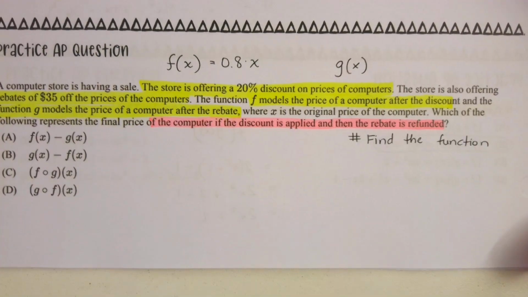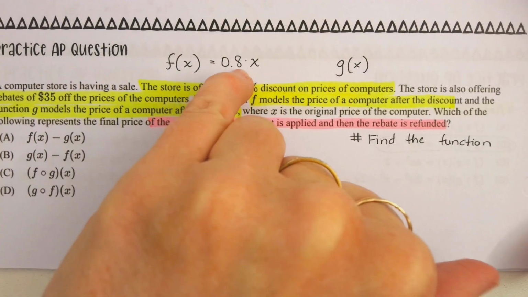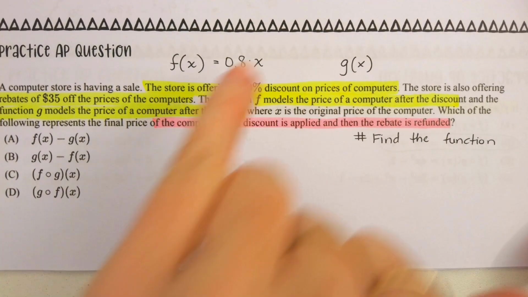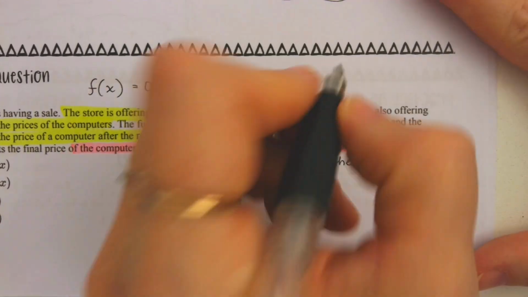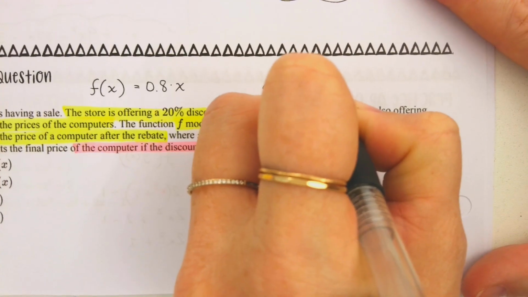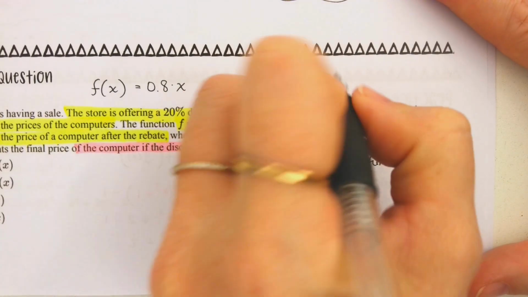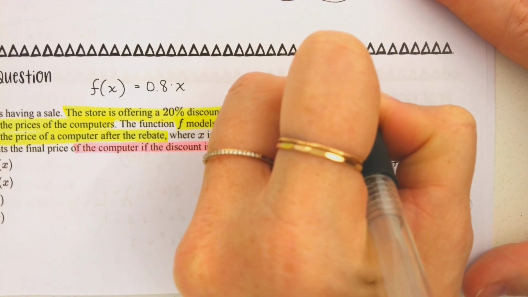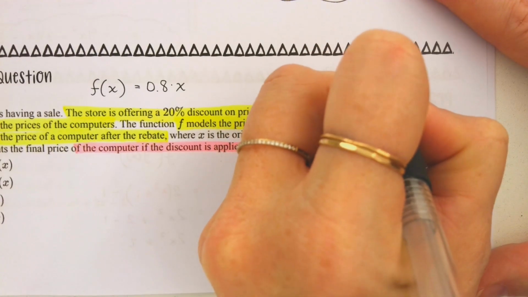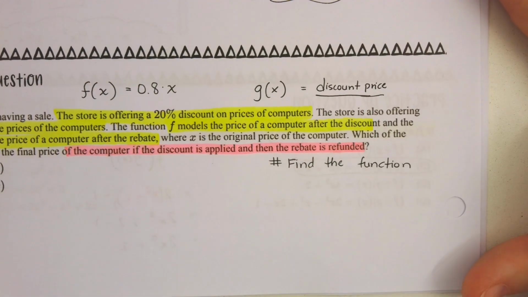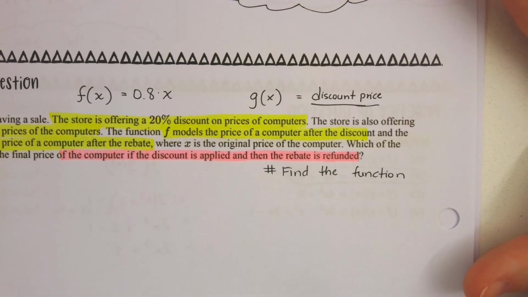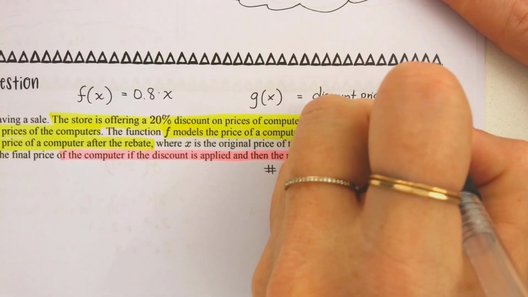Because if you get a 20% discount, that basically means you're paying 80% of the original price. Okay. And then g of x is basically whatever my discount price was. Discount price. And then how much am I getting as a refund? How much am I taking off? Minus 35. Minus 35.